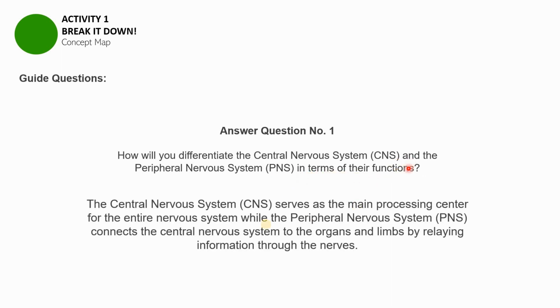The central nervous system or CNS serves as the main processing center for the entire nervous system, while the peripheral nervous system or PNS connects the central nervous system to the organs and limbs, our extremities, by relaying information through the nerves. So the main processing unit of our nervous system is actually the CNS.